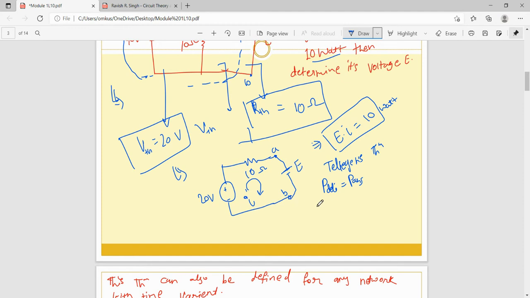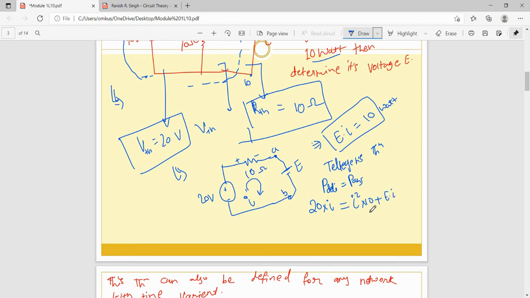So power delivered is voltage into current, right? 20 volt into current flowing in that circuit, I ampere. Now what is the power absorption? This 10 ohm resistance also consumes power, right? So the power absorbed by this 10 ohm resistance is I square R, and the power absorbed by this battery is given to you, so right here E into I.